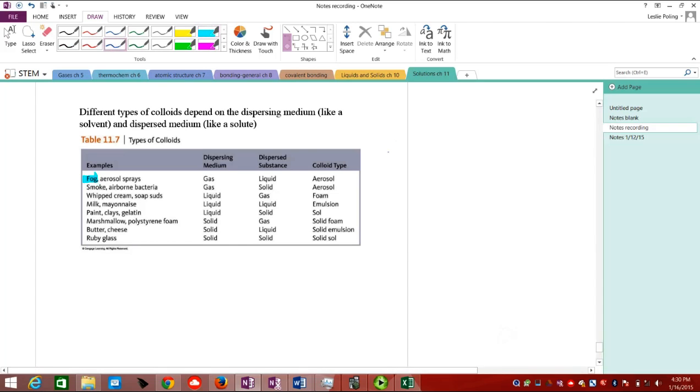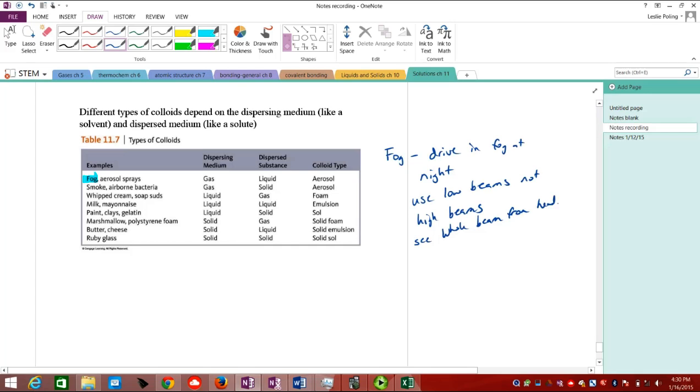Fog. When you drive in fog at night, you use low beams, not high beams on your headlights, because fog is a colloid and you can see the whole beam from the headlight.